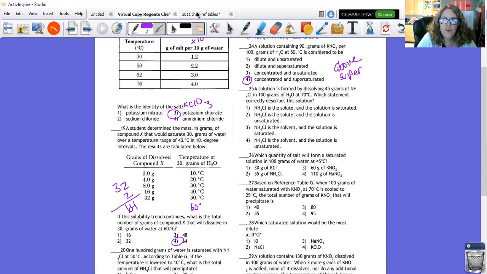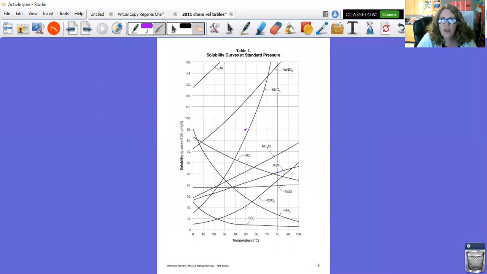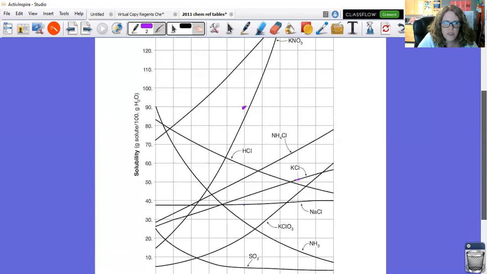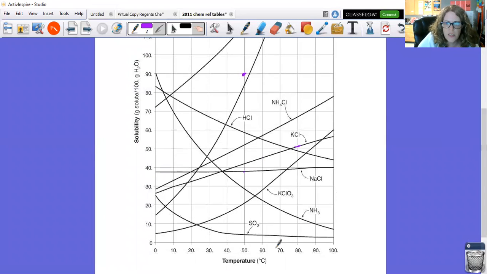And 70 degrees and 45 grams is right about here, right? And 45 grams NH4Cl is below the ammonium chloride line, right? Because that's my ammonium chloride line. My point is below the line, so it's unsaturated.